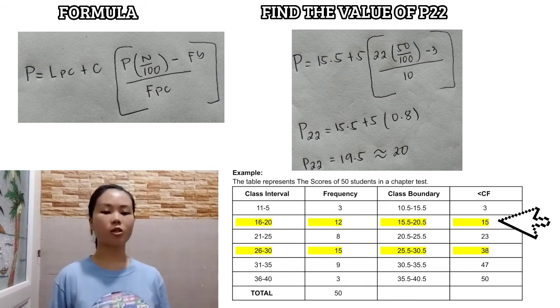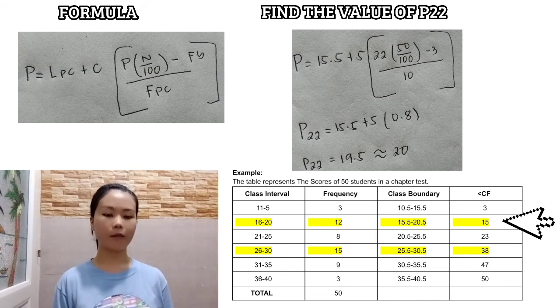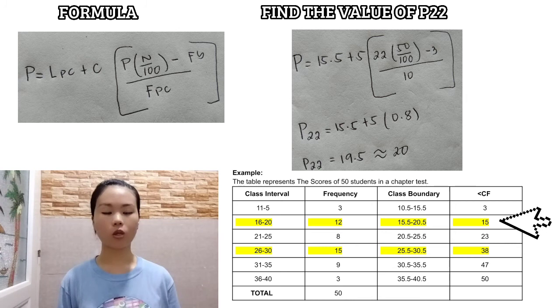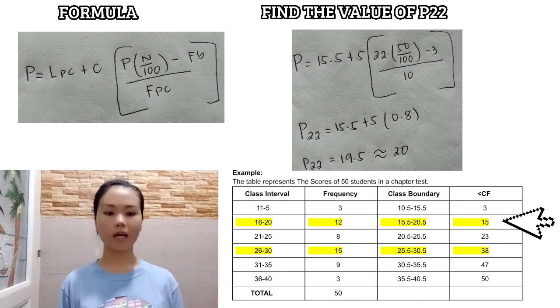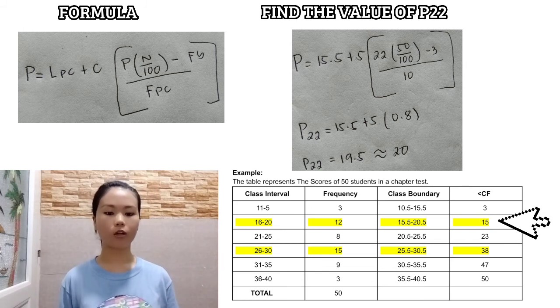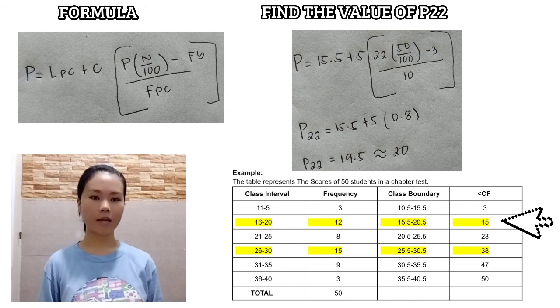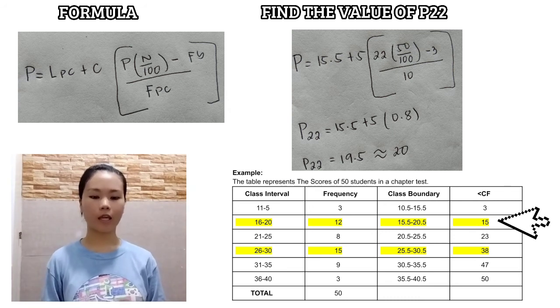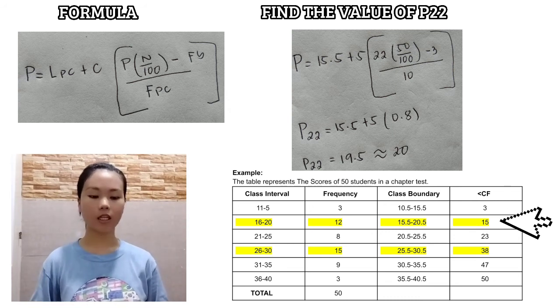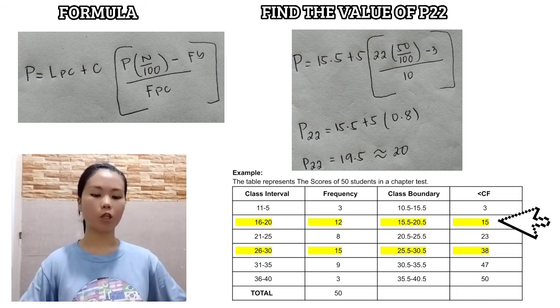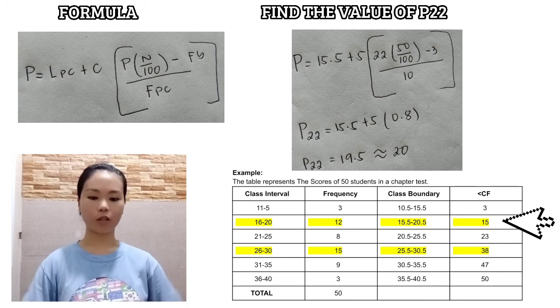So P equals 15.5 plus 5, open parenthesis 22, open parenthesis 50 over 100 minus 3 all over 10. P22 equals 15.5 plus 5 times 0.8, that is equal to 19.5. So our answer is P22 equals 19.5.